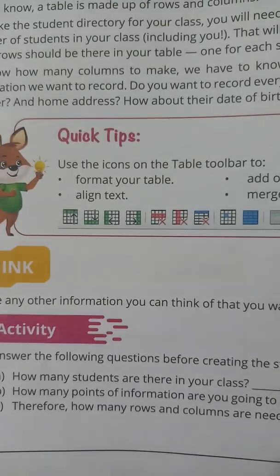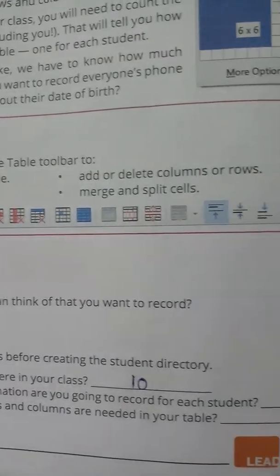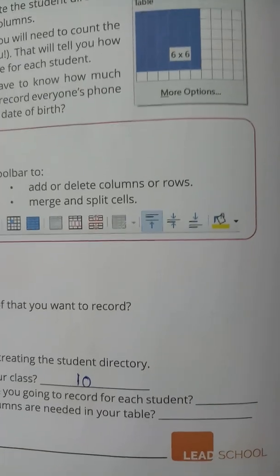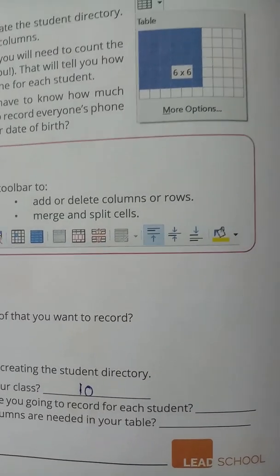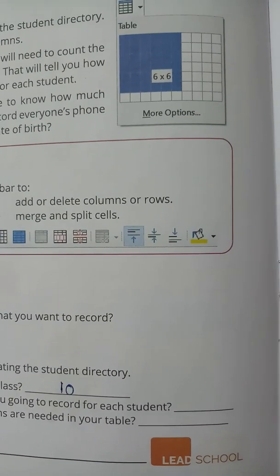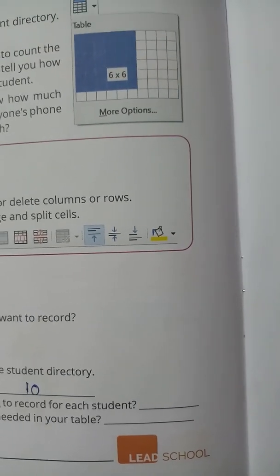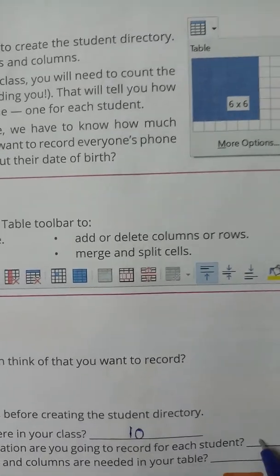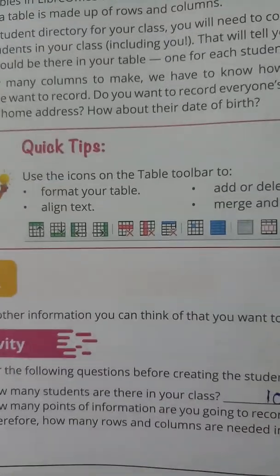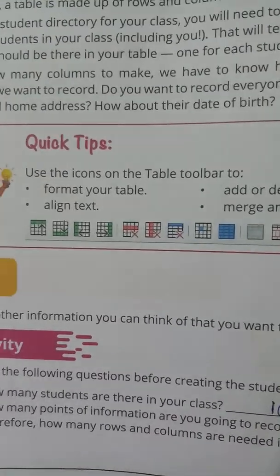How many points of information are you going to record for each student? Here I will take name of the student, roll number, phone number and address. So 4. I am collecting 4 pieces of information for each student.